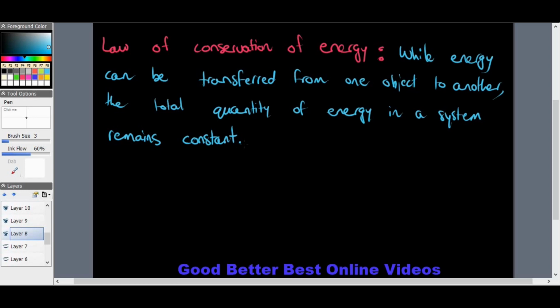Energy cannot be created or destroyed, it can only be transferred. It's created once, it exists once, and can be transferred.